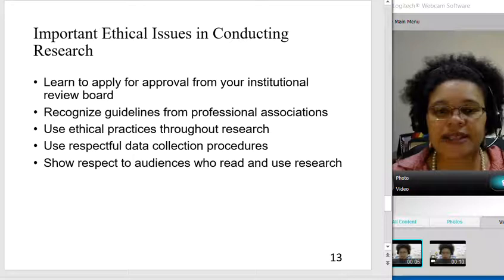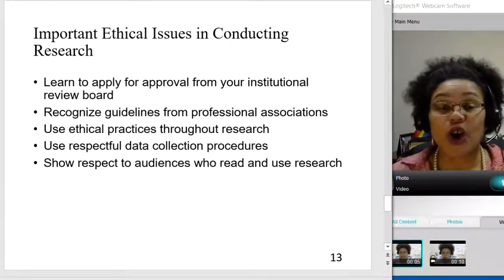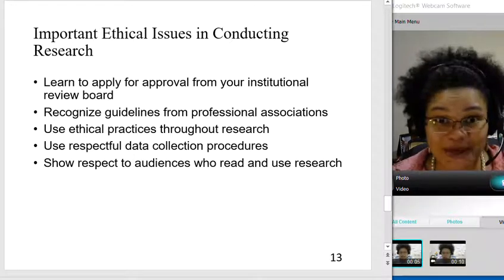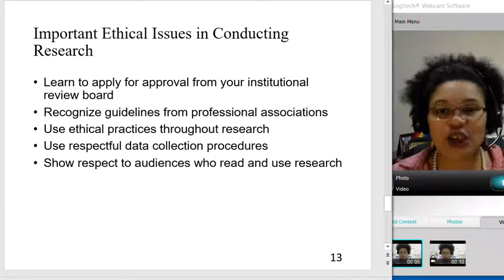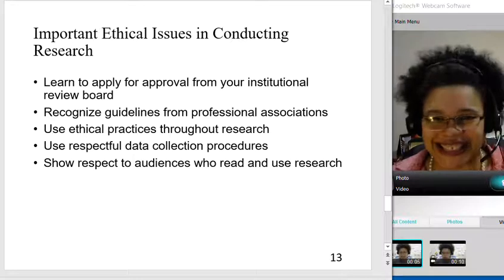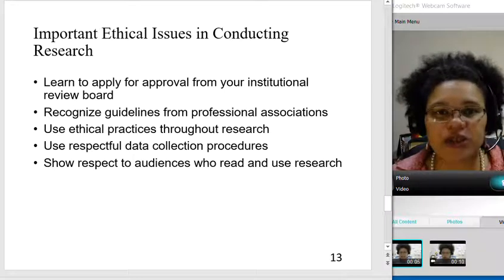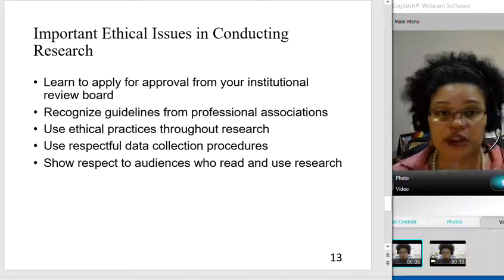The way this applies to us is that the audience for your research project may be your colleagues at your school. So we're going to be conscious of what we say and what we write in our presentations, and that they're going to be respectful to the individuals who are members of our school communities.